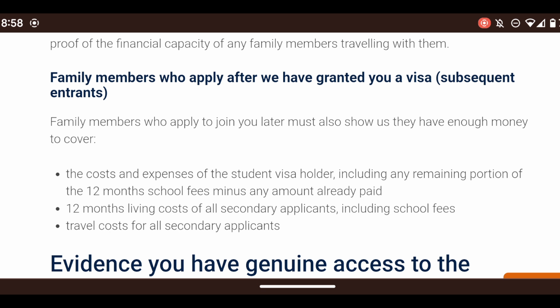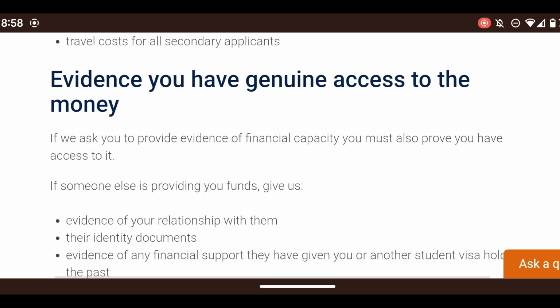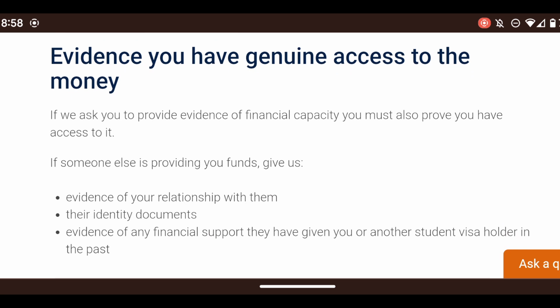For example, let's assume you have lived for 6 months. So in the proof, you are going to show the other part of your cost of living for the next 6 months plus the cost of living for 12 months for your family and their flight tickets.